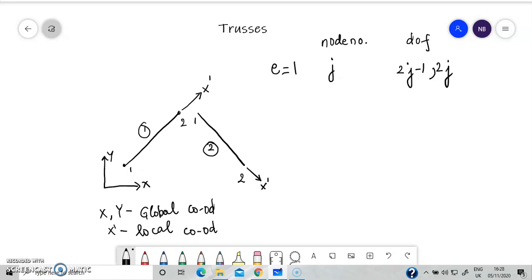So now this x dash, what we get here, it can be denoted in terms of the x and the y axis. So the degrees of freedom will be 2j minus 1 and 2j.